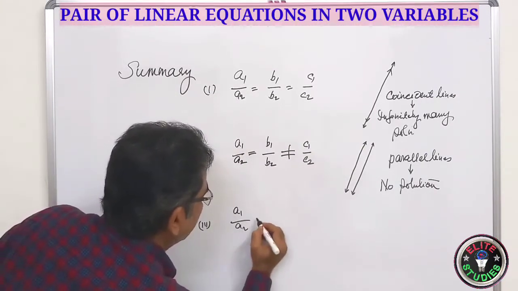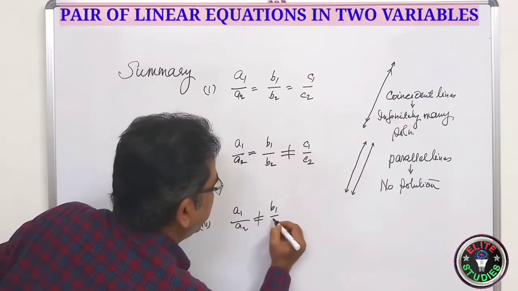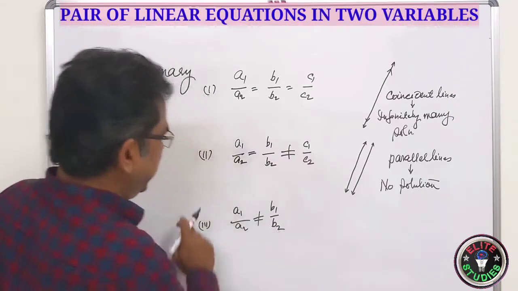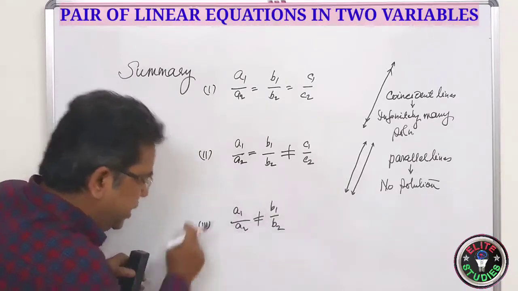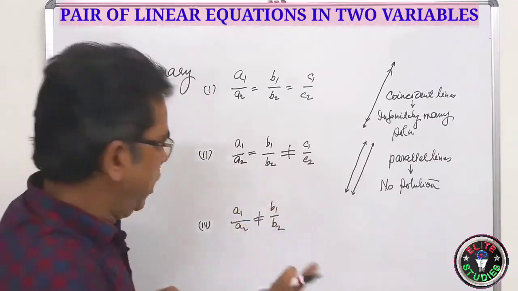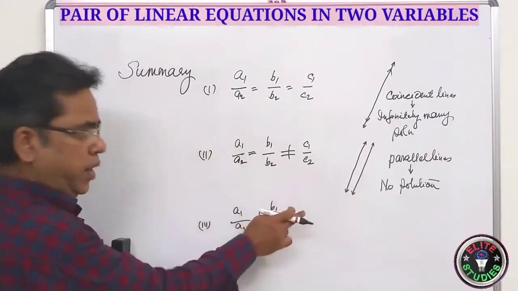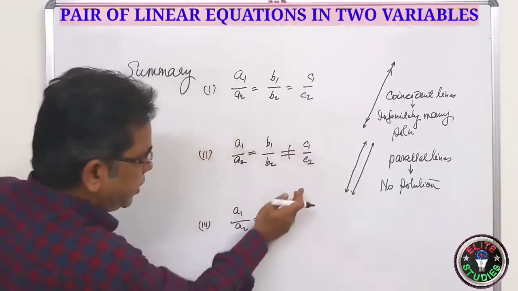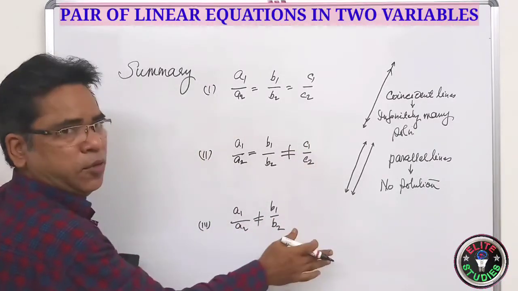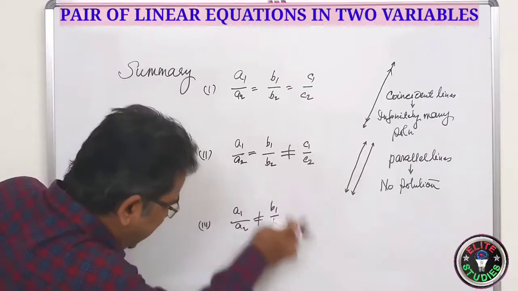And 3: A1 by A2 is not equal to B1 by B2. This is the most common type; the questions which you will get will be like this. In this case, we are not connected with C1 by C2 in any way. Only this condition is sufficient.